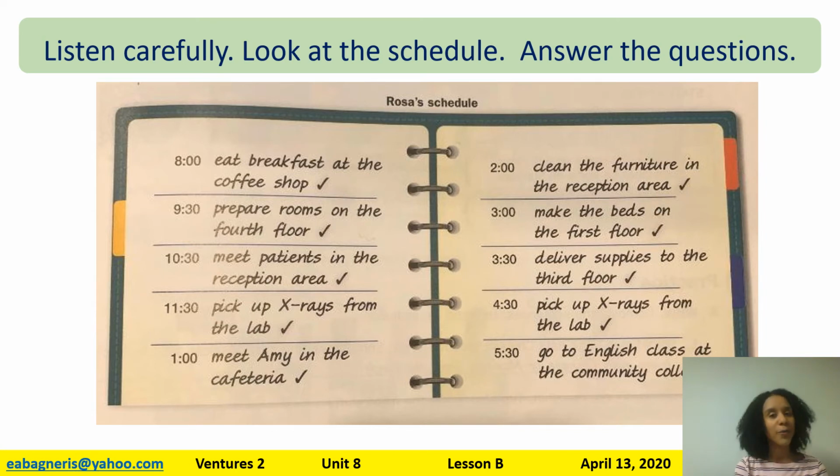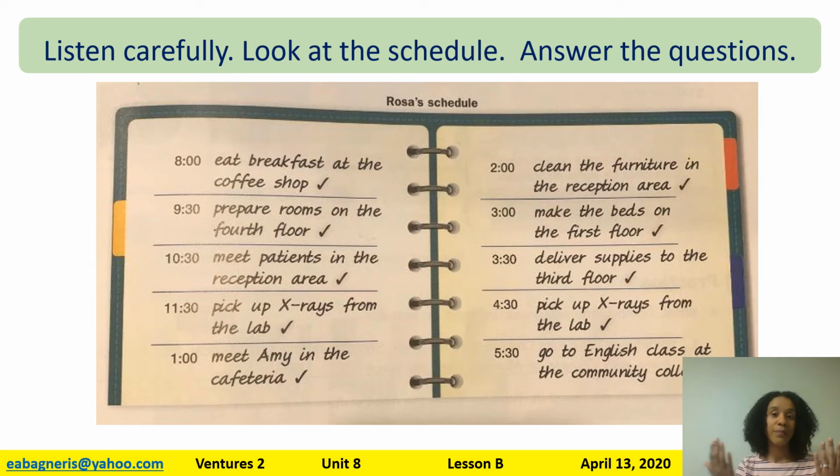Do we know that word delivered? To deliver means to bring something to someone. A mail carrier delivers the mail to your house. To deliver something is to bring something to a person. Okay?